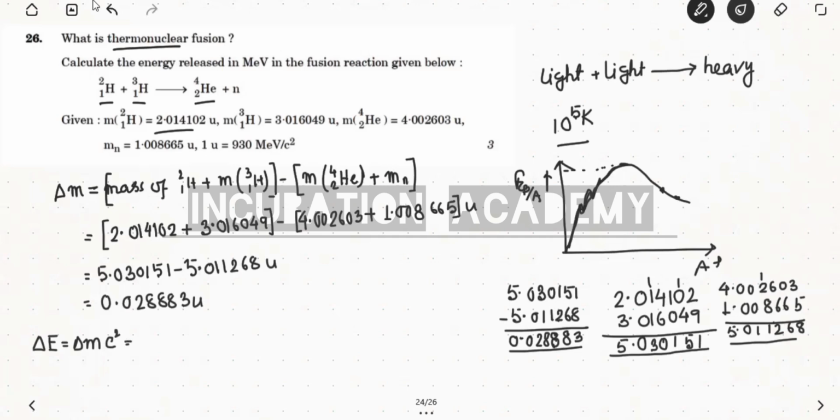Here one thing is used, 1 u equal to 930 MeV. So delta m equal to 0.0028883 u can be written as 930 mega electron volt. Obviously I think you have understood that c square and c square cancel out here, so this is the thing we have to multiply.